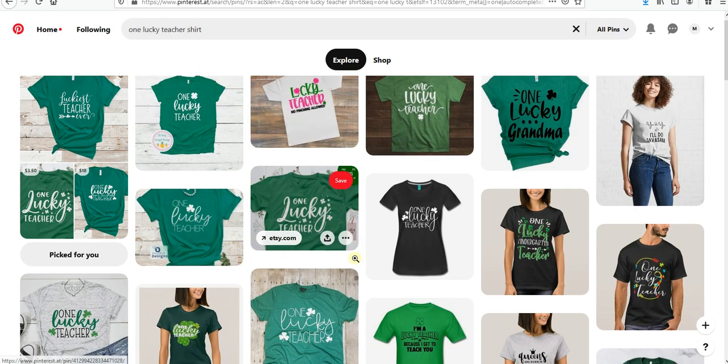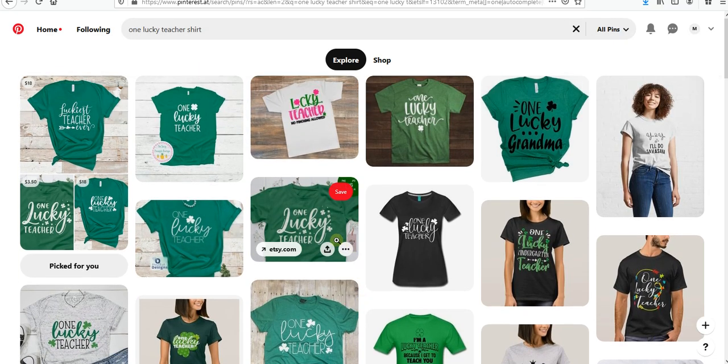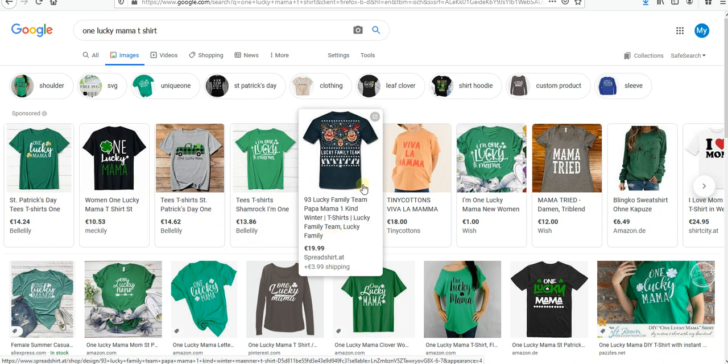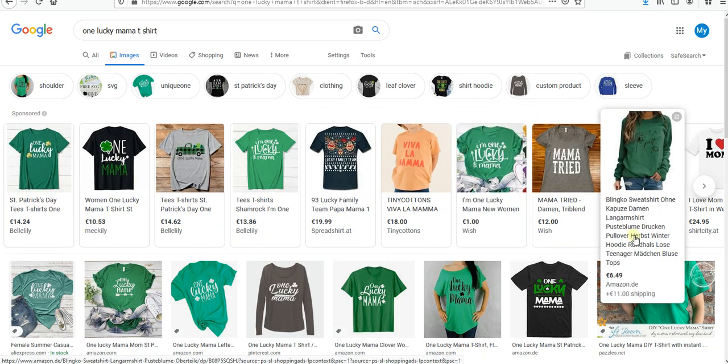You can also go to Google and see what is sponsored, because sometimes people are making ads, or print on demand websites already push up the designs which are very good. Here you can find an overview: this is from Spreadshirt, this is from Wish, this is from Amazon.